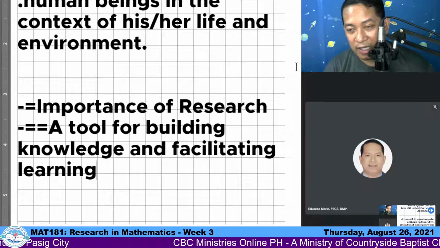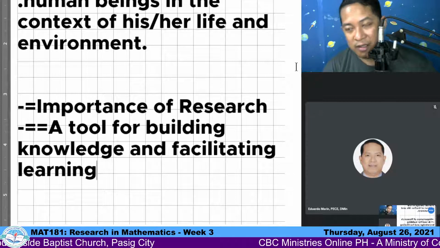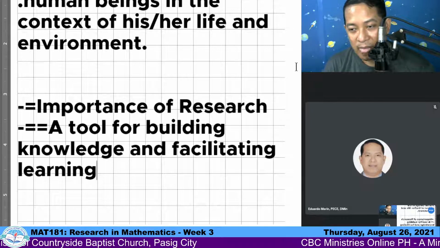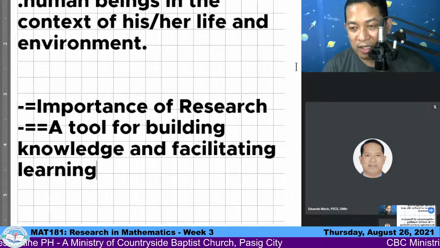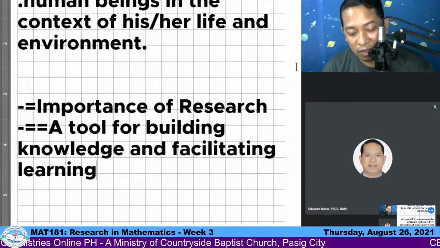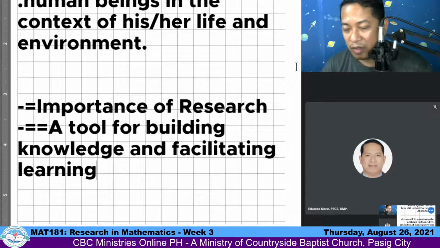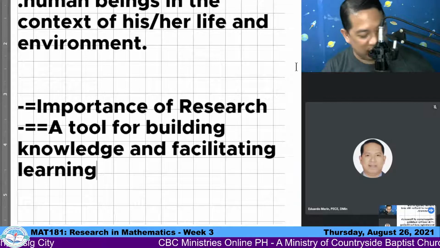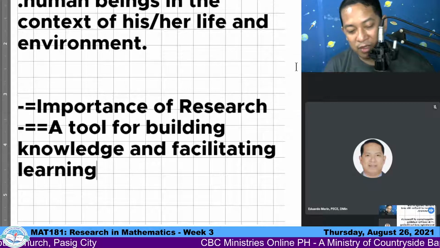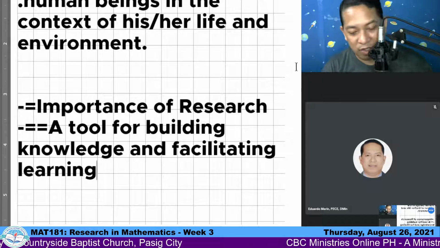Alright, but nevertheless, as a person, we must not let go of research in our daily life, even in practical life. So we could make use of research: what could be the best practice, what would be the best arrangement of the appliances at home, rather than basing it on your feelings or subjective thoughts.